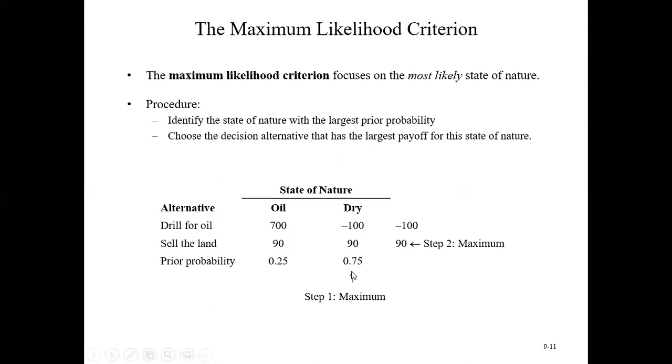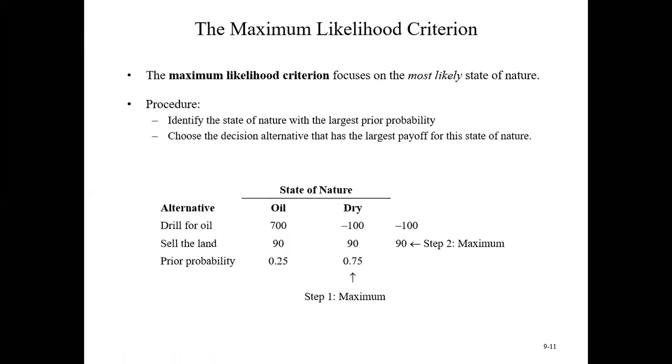Okay, so if we look here, we first start off by looking at what's the maximum probability. And the reason why we do that is that that's the state that we expect the most to occur. And so it makes sense for us to focus more on that. So in this case, we're told there's a 75% probability that the drilling will result in no oil.